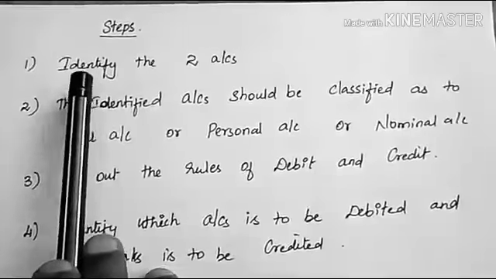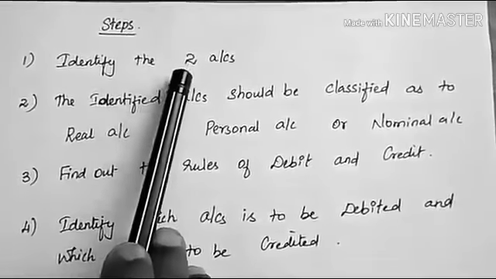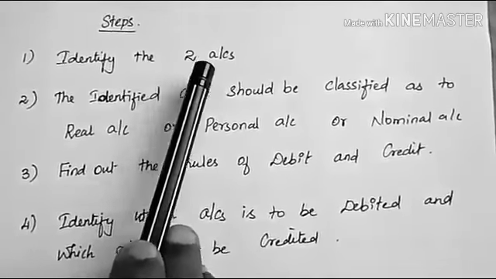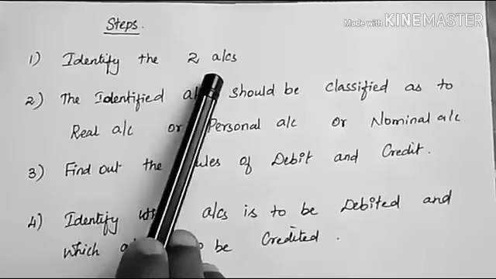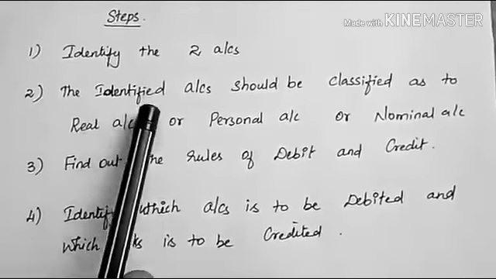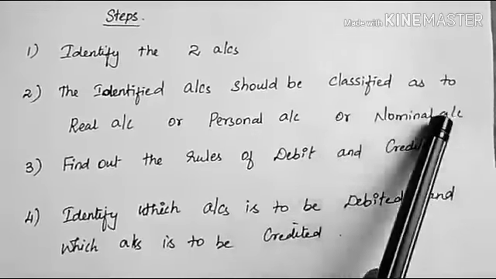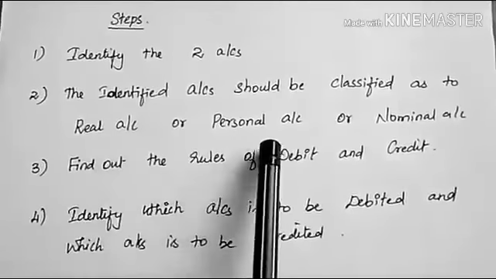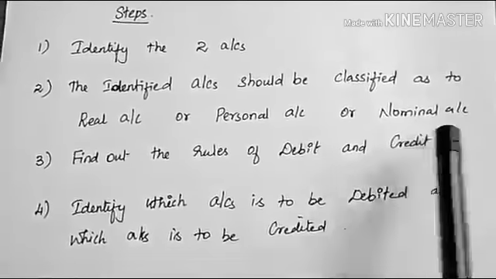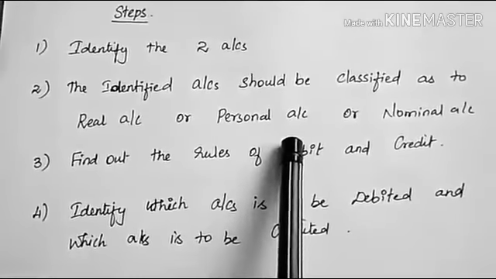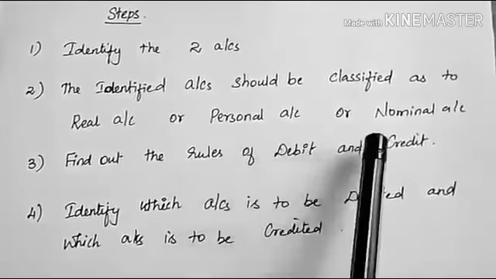First, you need to identify the two accounts involved in the particular transaction. Second, the identified accounts should be classified as real account, personal account or nominal account. Generally there are 3 types of accounts: real account, personal account and nominal account.